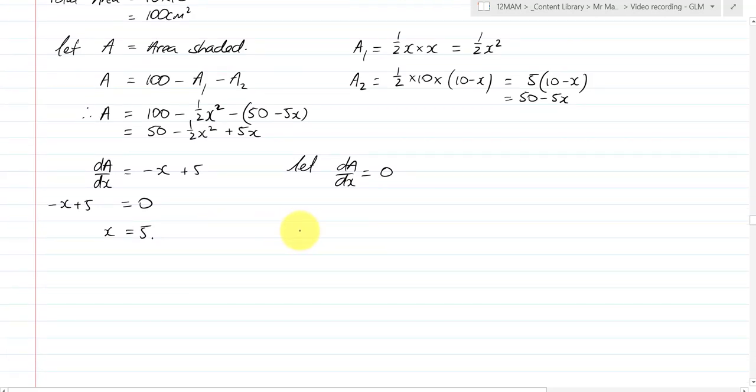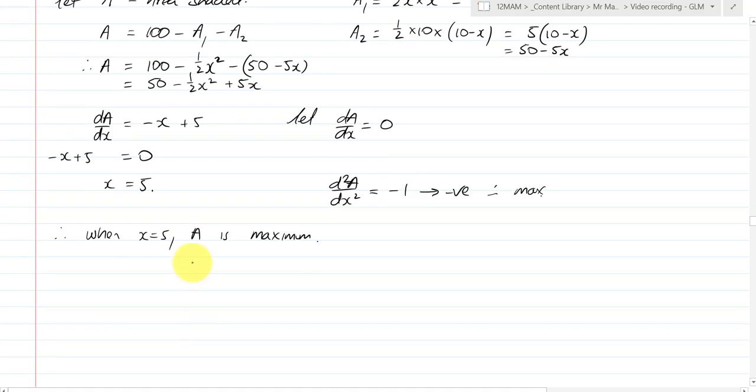Now of course, to check the maximum area, I consider d squared A/dx squared, which in this case is negative 1, which of course is negative in all cases, and therefore we're dealing with a maximum, and therefore when x equals 5, A is maximum.